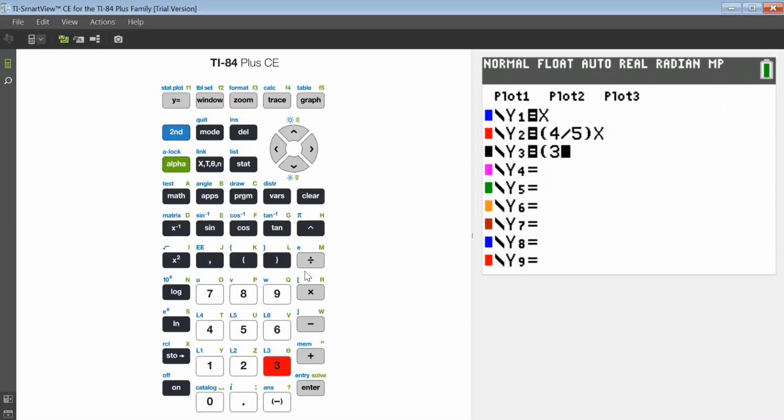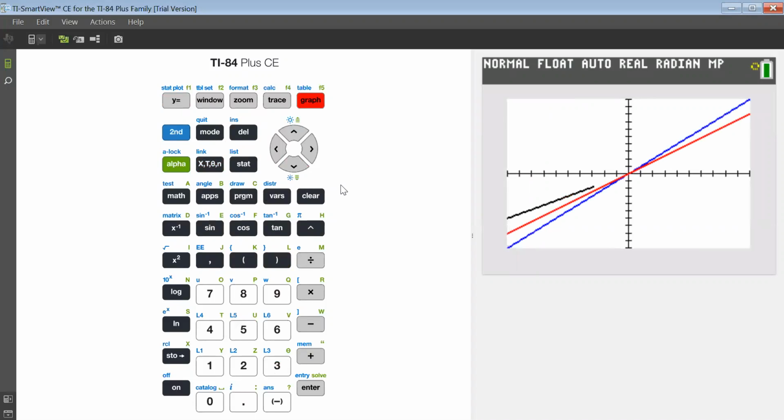So how about 3 divided by 5x? And if we graph that, we're going to see that it's smaller, because 3 to 5, that ratio is 60%, or 6/10. It's smaller than the red, which is 4 out of 5, or 80%, or 8/10. This blue one would be 1 to 1, or 100%.